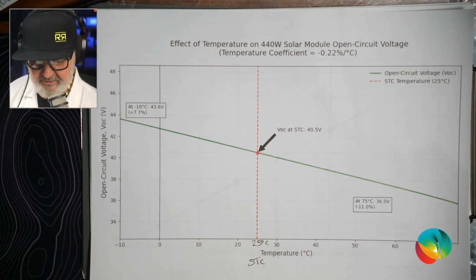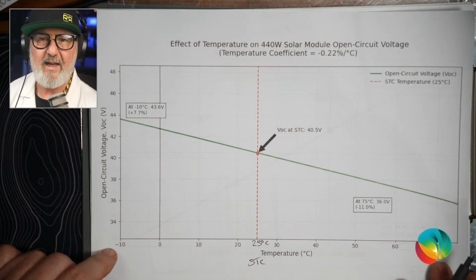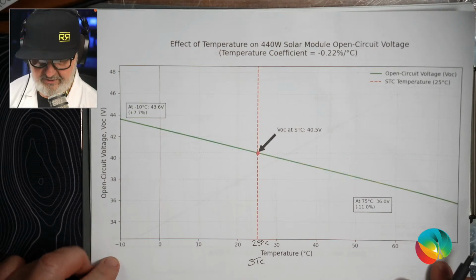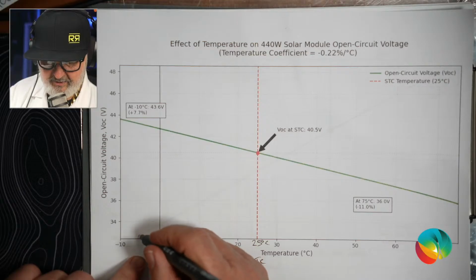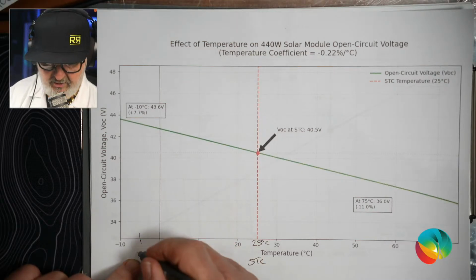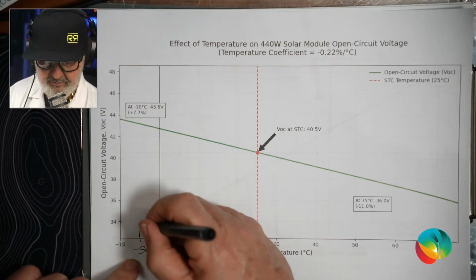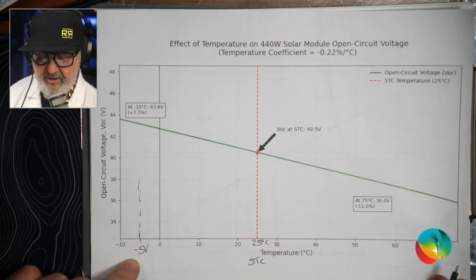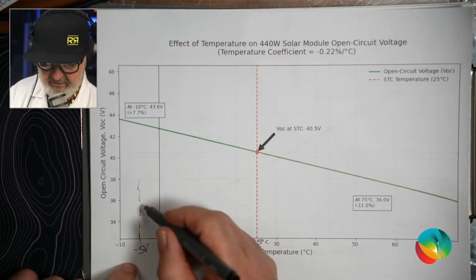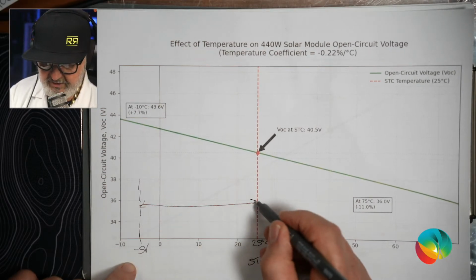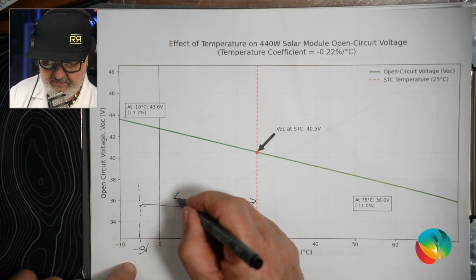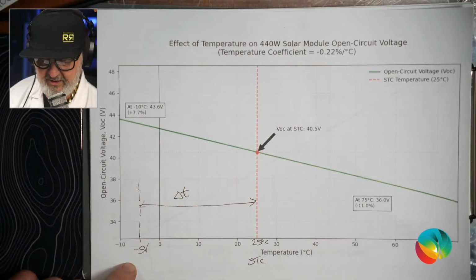So here, where I live, it sometimes gets below zero, but not much. And I'd say maybe the worst case might be -3. So I'm going to choose -5 as my coldest ever possible temperature. And I want to know how much voltage increase I'm going to get. So from standard test conditions, what is my change in temperature, my delta T?